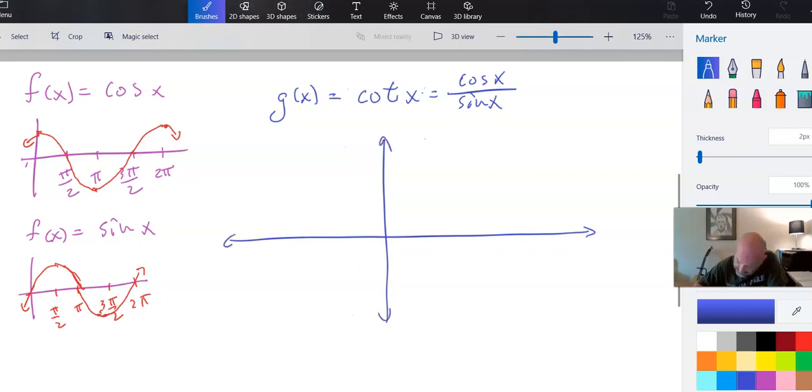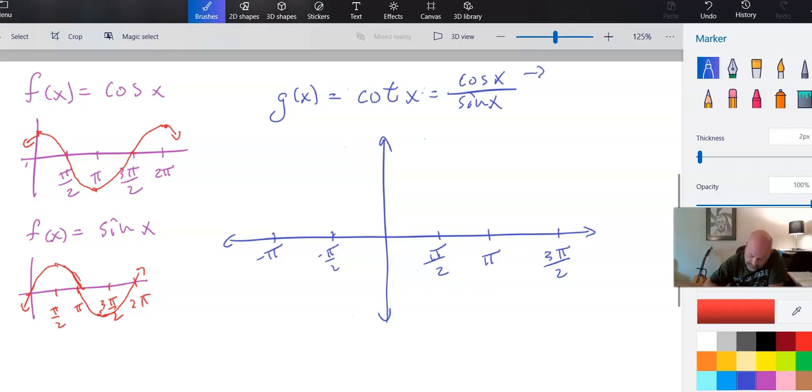I'm going to mark some of my main stuff here. This time I'm going to go from pi, pi over 2, negative pi over 2, and negative pi. And then we'll throw a 3 pi over 2 in here, see what happens. Okay, so zeros come from the numerator, so we need to figure out where cosine is 0.